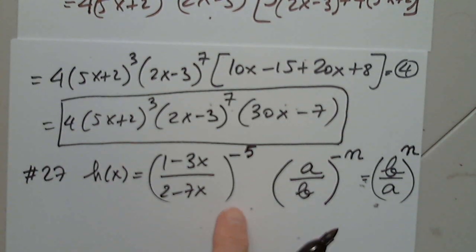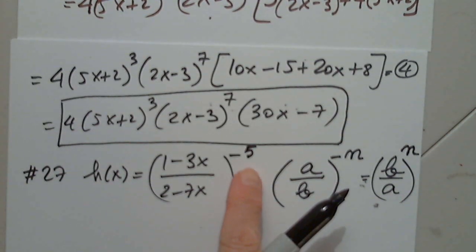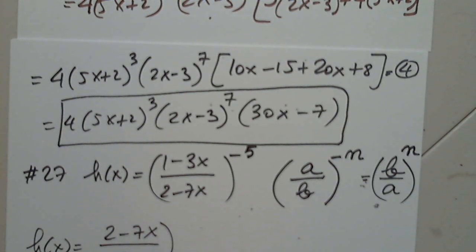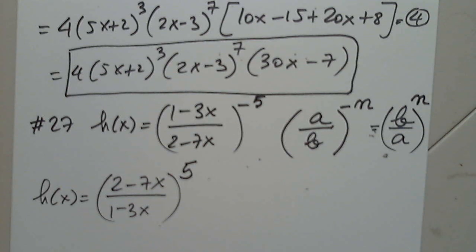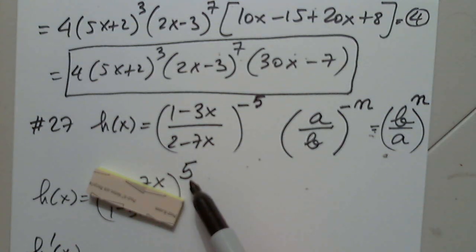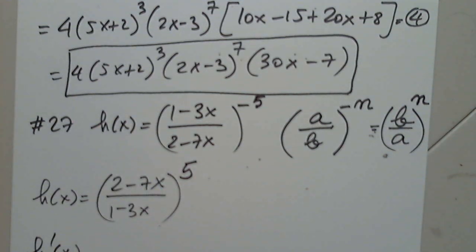This really helps because I really don't want to work with a negative power. So then h of x is the same as 2 minus 7x over 1 minus 3x to the 5th power. So when I differentiate this, this is the inner, this is the outer. So let's start.